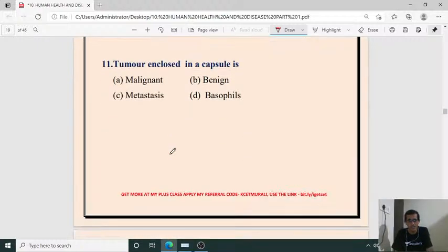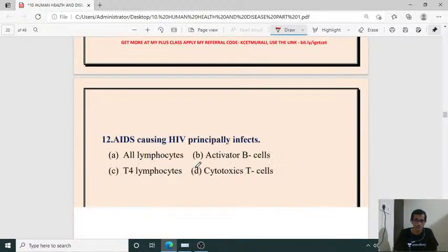Then, a tumor enclosed in a capsule is called what? A tumor enclosed in a capsular structure is the benign tumor. It is not malignant. There are two major types, isn't it? Malignant tumor and benign tumor. A benign tumor is enclosed in a capsule.